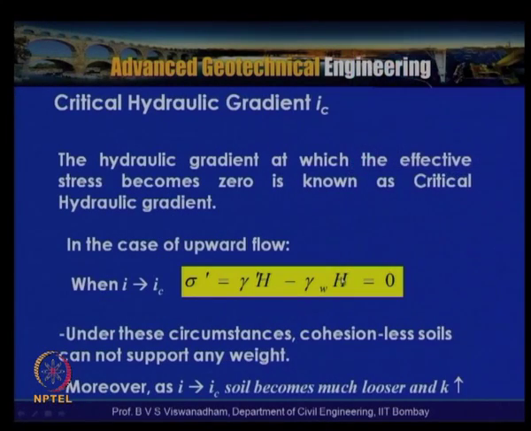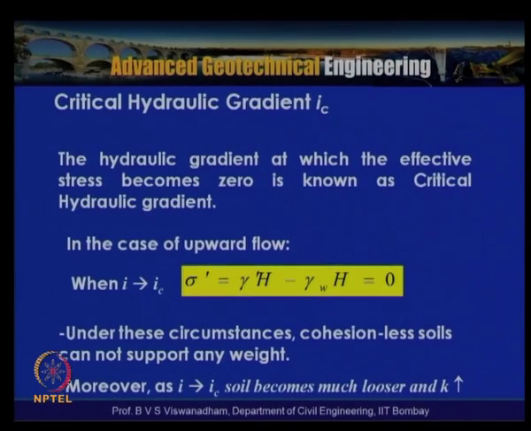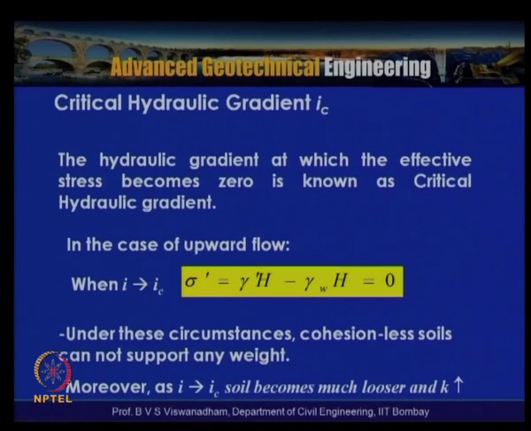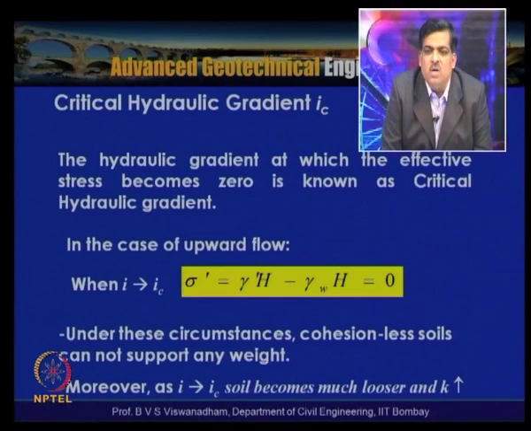The hydraulic gradient at which the effective stress becomes 0 is called the critical hydraulic gradient. Here we are introducing a term called critical hydraulic gradient. Previously we said that hydraulic gradient is i is equal to h by L, where h is the head loss or head drop over a length L. But the hydraulic gradient at which the effective stress becomes 0 is known as the critical hydraulic gradient, i suffix c.